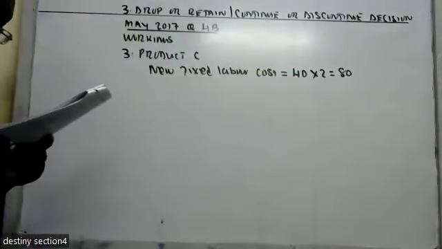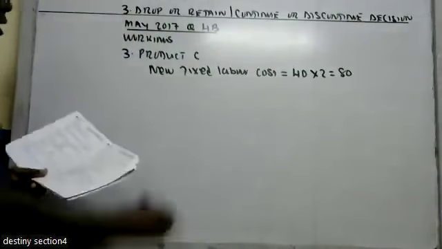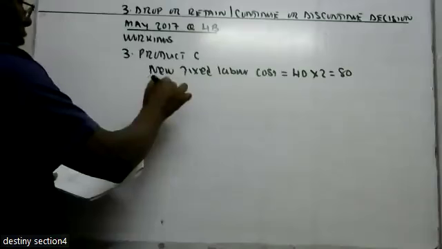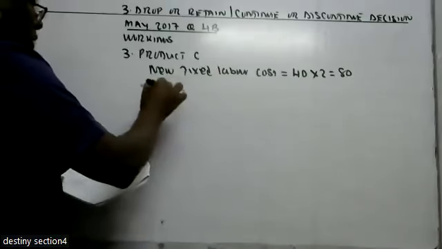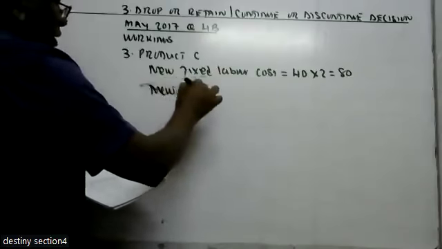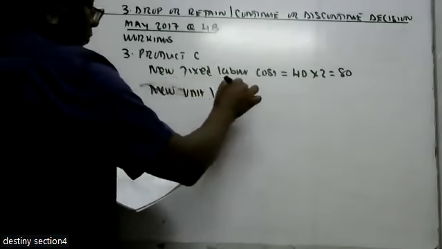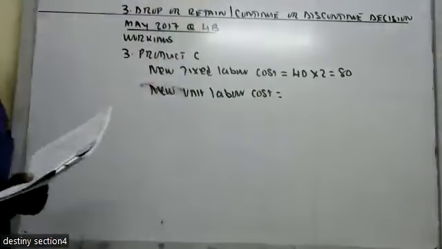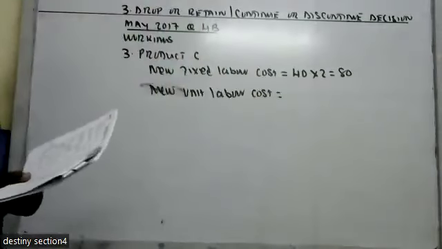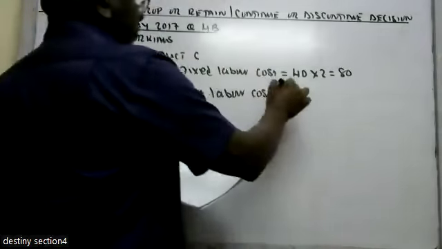And then variable labor cost would rise by, unit labor costs, or new unit labor costs. When we divide it by unit, see the ngapi? 1.5.